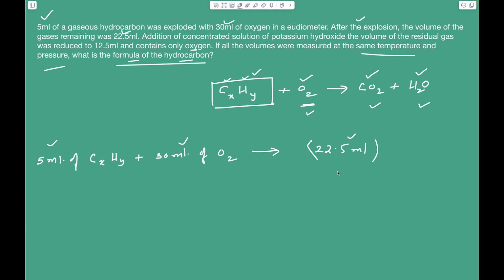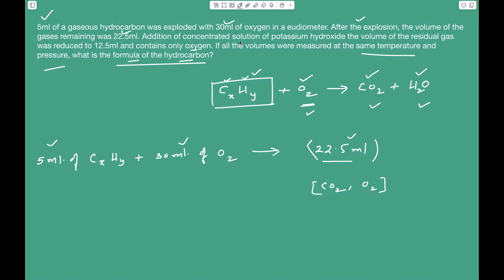But remember, because this volume is measured at room temperature, and at room temperature H2O is a liquid, this will not contribute to this volume. So this 22.5 ml of residual gas contains only carbon dioxide and oxygen. So you have to figure this out.